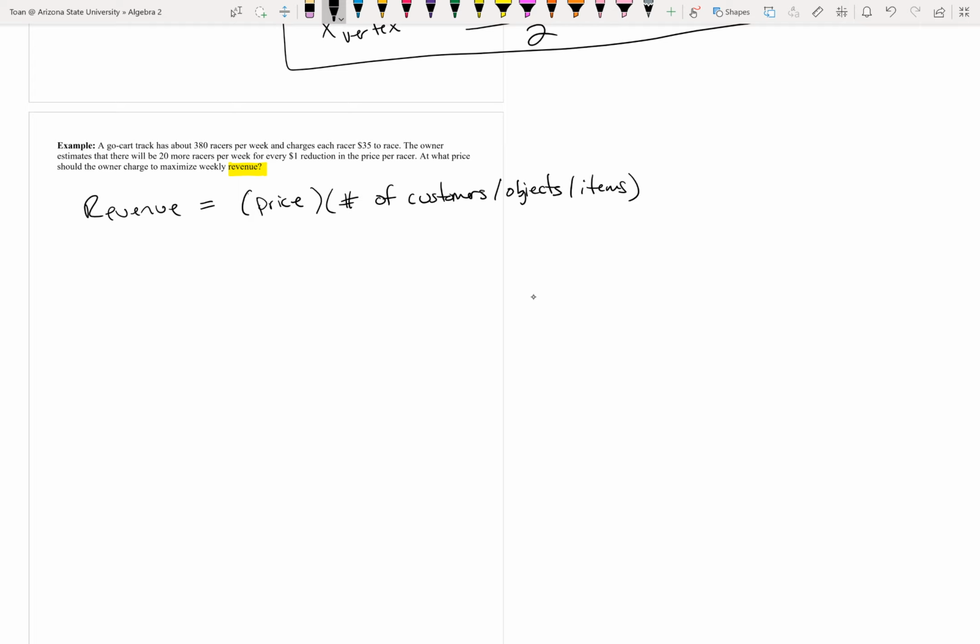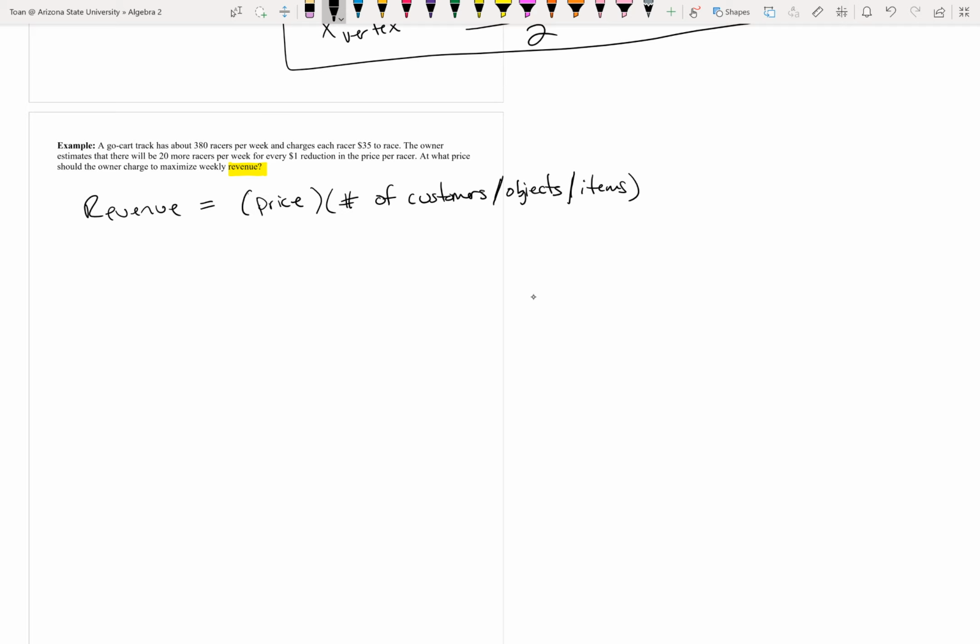Depending on what the context of the story is, you might be selling objects instead of charging people admission. So it'd be price times the number of items you sell, so on and so forth. So in this particular case, because we're talking about revenue, I'm probably going to take the price and multiply it by the number of customers.